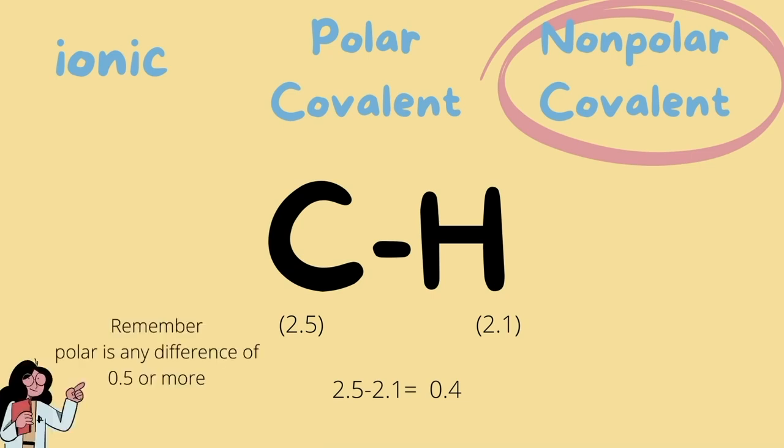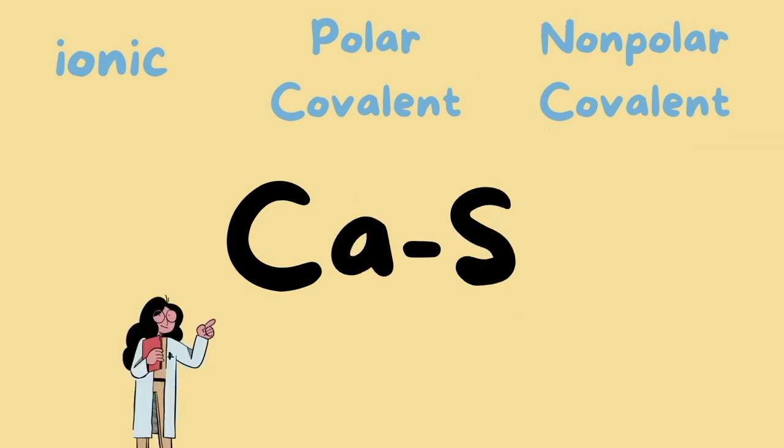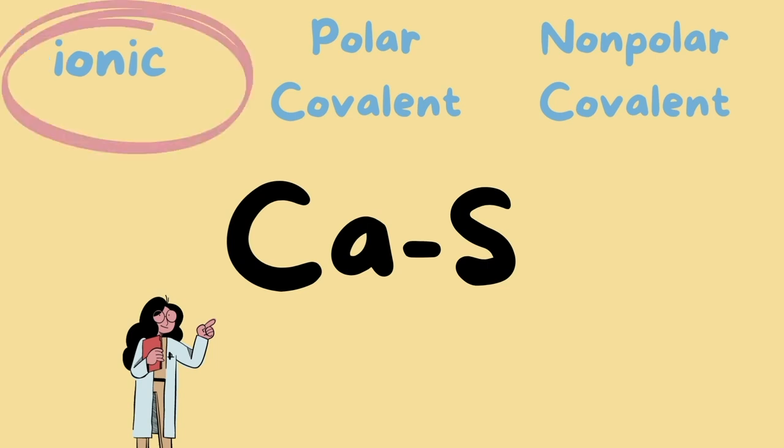Remember, polar is any difference of 0.5 or more. So because it's only 0.4, it makes this bond non-polar. How about calcium and sulfur? Calcium is a metal and sulfur is a nonmetal. Therefore, we know automatically we have an ionic bond.